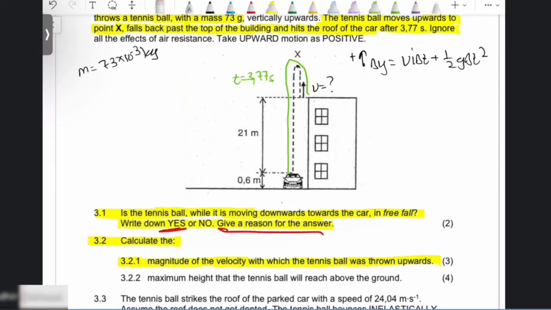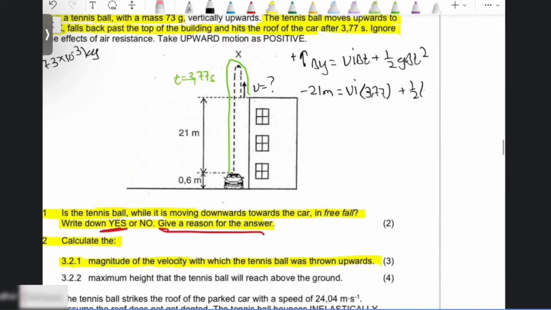Sorry, guys. Okay, so now that minus 21 meters is perfect, because our displacement from start to end is always going to be the shortest distance from start to end, but it's going to end up going down, so that means it's minus 21. So this should be minus 21 meters. Our time is 3.77. We know that gravity should be a negative 9.8, guys, and that's 3.77 squared.